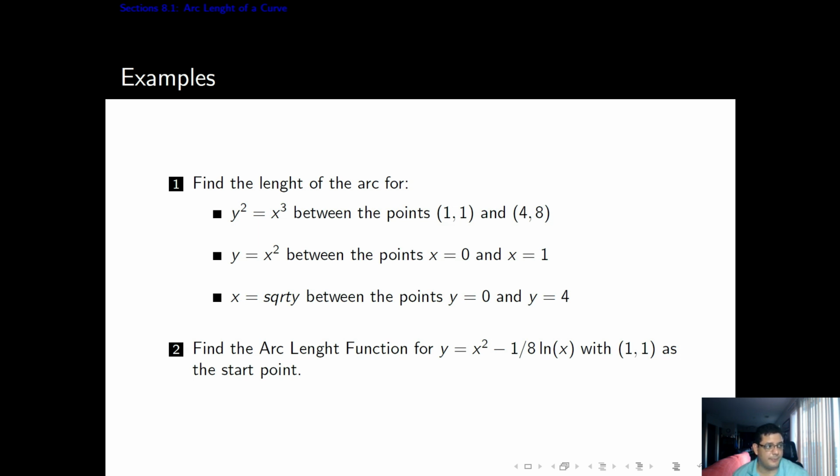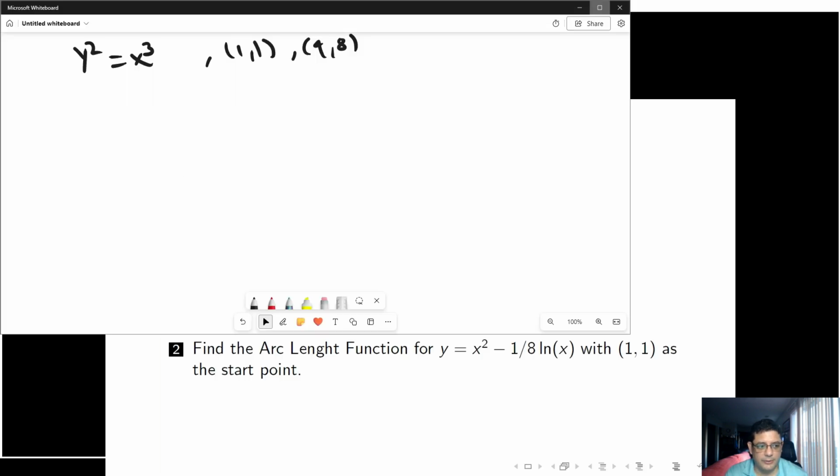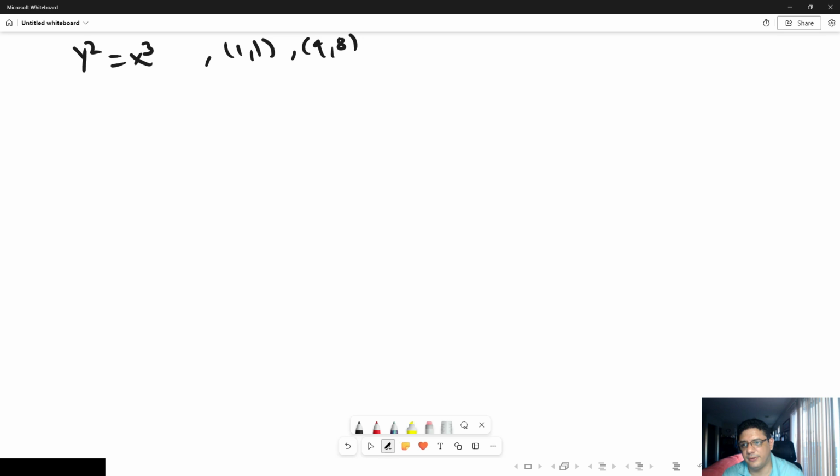First, find the arc length of the function with the relationship y equals x cubed between the points 1, 1 and 4, 8. I'm going to calculate this with y in terms of x.